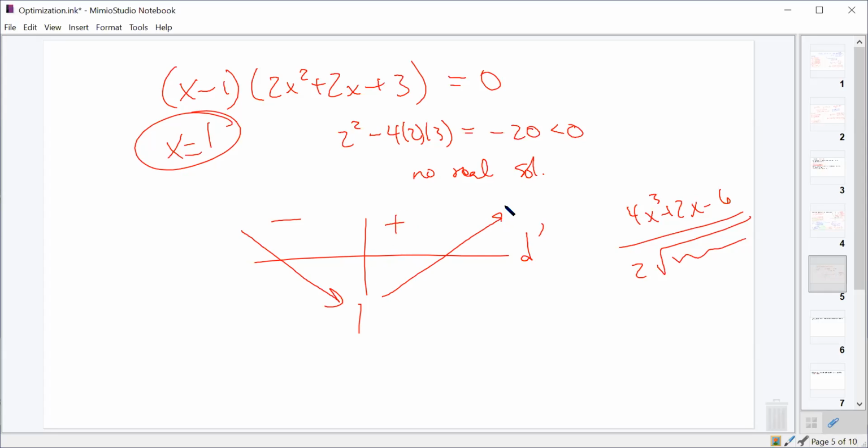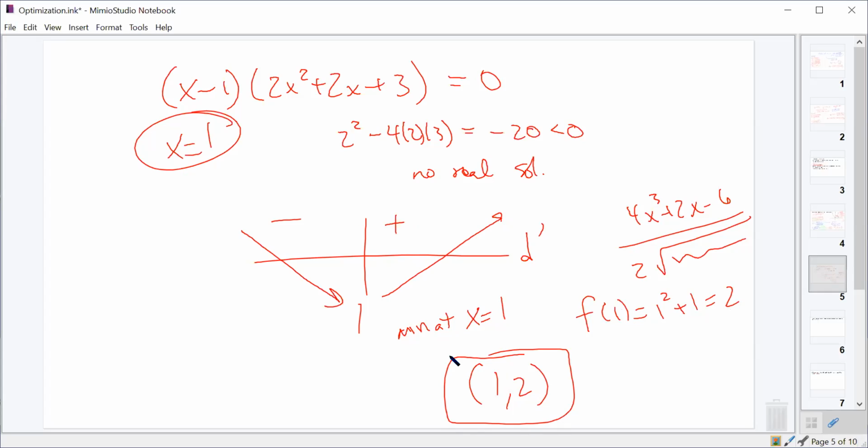And so we would note that this has a minimum at x equals 1, which tells us that we have a minimum distance at x equals 1. And so the point at x equals 1 on x squared plus 1, f of 1, ought to be 2. So the point (1, 2) is where that minimum distance occurs.